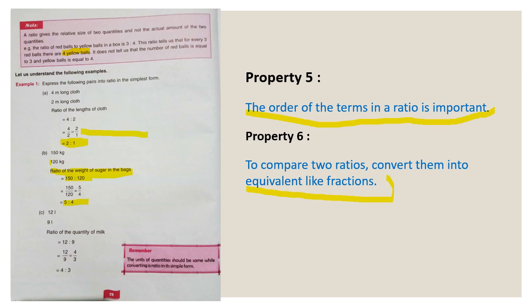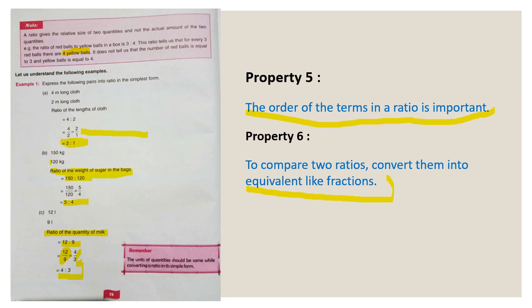12 liter to 9 liter. The ratio of the quantity of milk is 12 is to 9. 12 by 9 equals 4 by 3 in the simplest form. So the required answer is 4 is to 3, 4:3.